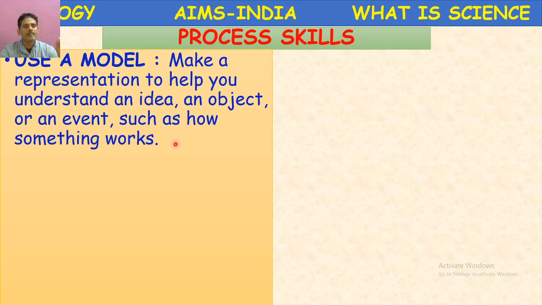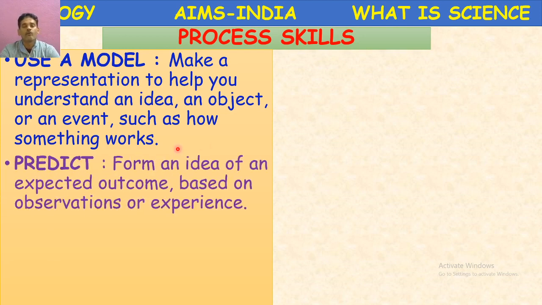Okay, children, using a model is very common. Okay, so you will get a complete idea by using the model, and that model may be an object or an event. How to understand how that something works, you need to use a model. For example, one volcano, how it works in your general science exhibitions or science fairs or edu fair.